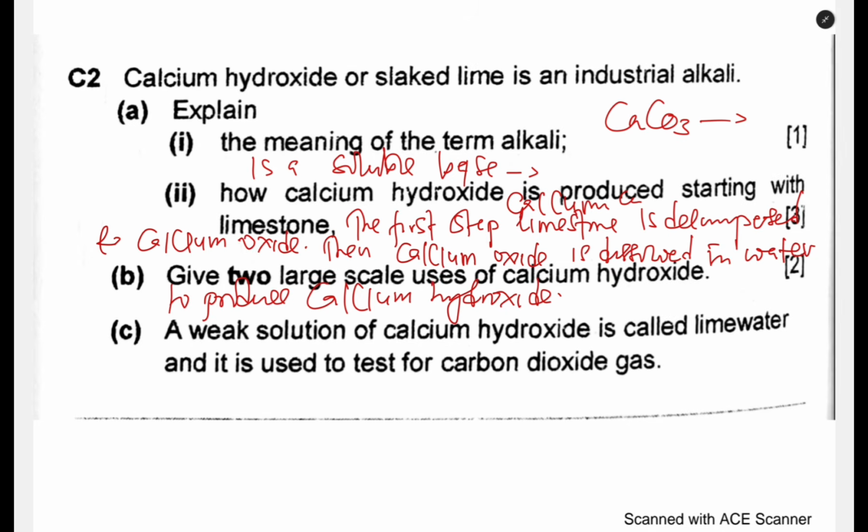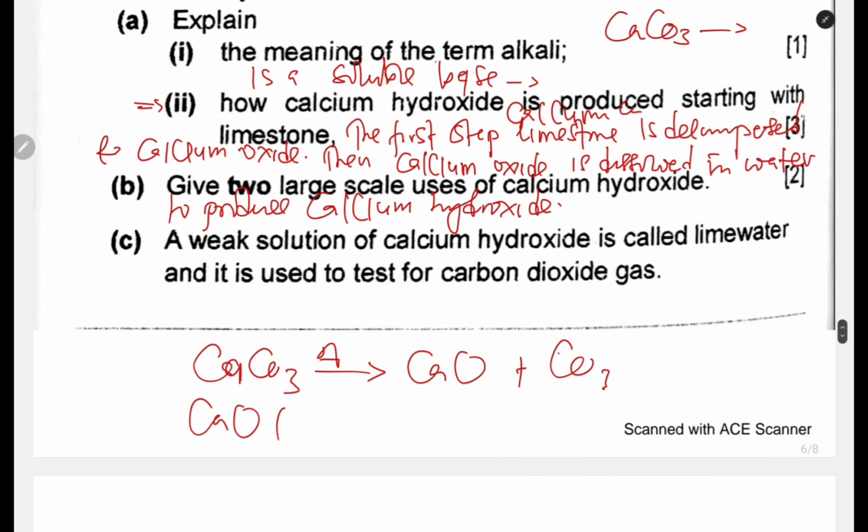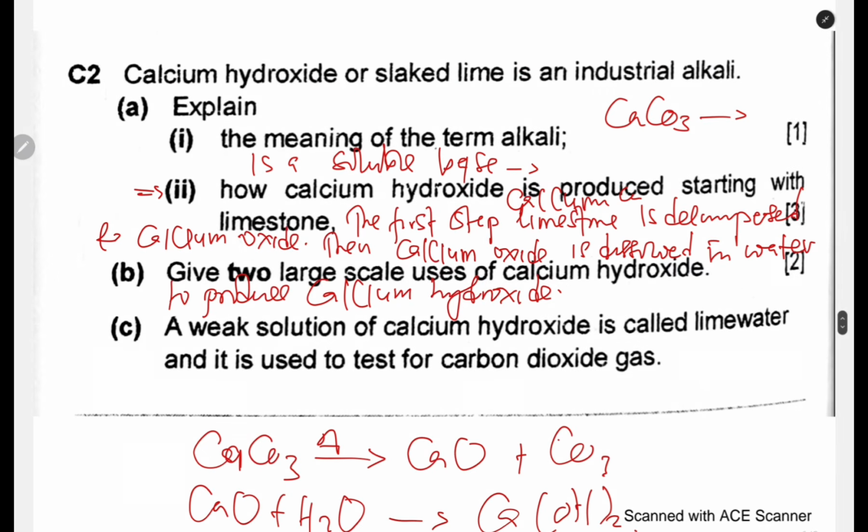Now in this question we've not been told to indicate the equation, but if we were to, for the decomposition we write calcium carbonate decomposed to calcium oxide plus carbon dioxide. Then calcium oxide plus H2O produces calcium hydroxide. Then you balance the equation, but we are not told that. We are just told to describe the process.